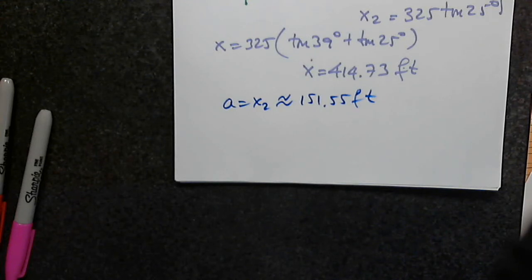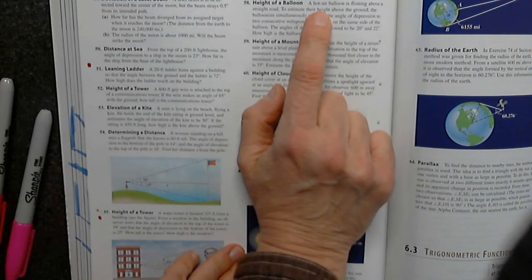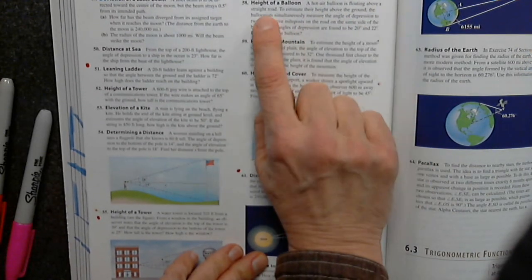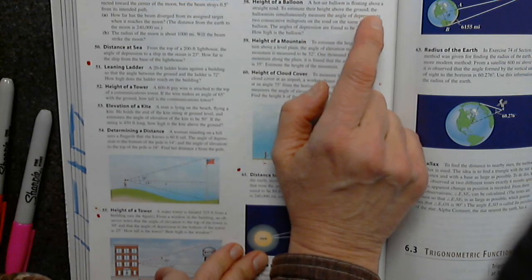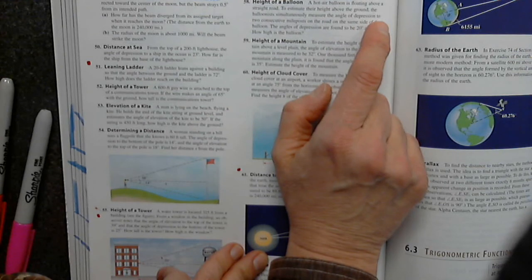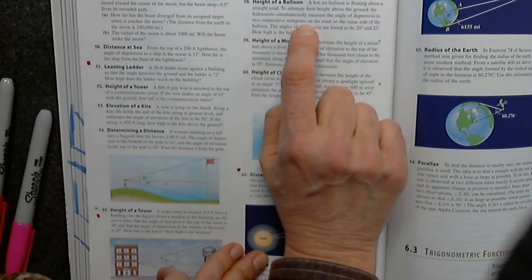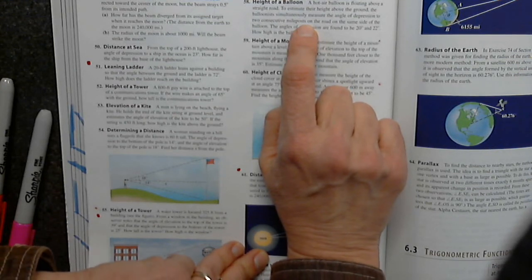Okay, let's also look at the height of a balloon. A hot air balloon is floating above a straight road. To estimate their height above the ground, the balloonists simultaneously measure the angle of depression to two consecutive mileposts. Keep in mind, consecutive mileposts are at what distance from each other?